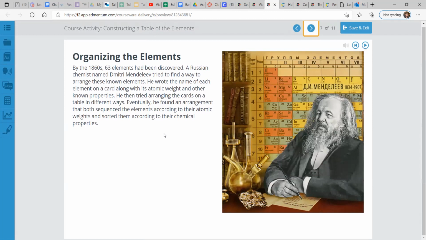A Russian chemist named Dmitry Mendeleev tried to find a way to arrange these known elements. He wrote the name of each element on a card, along with its atomic weight and other known properties. He then tried arranging the cards on a table in different ways. Eventually, he found an arrangement that both sequenced the elements according to their atomic weights and sorted them according to their chemical properties.